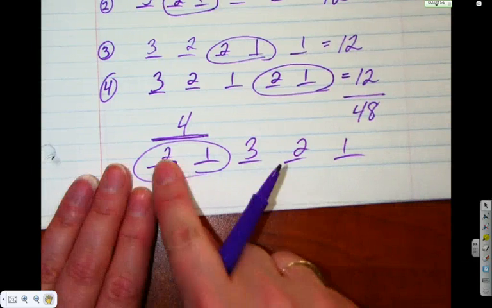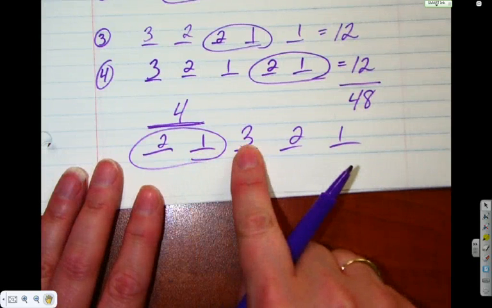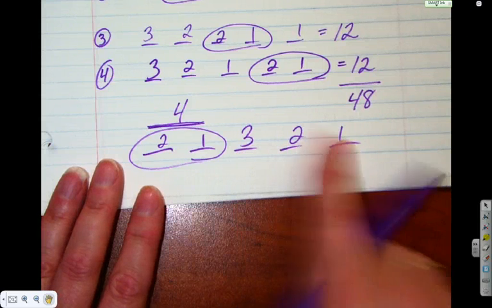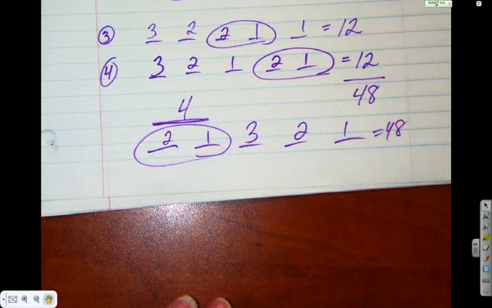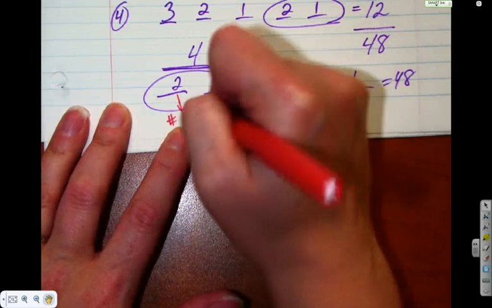Okay, let's double check. 2 times 1 times 3. Not a trick question. Times 2 times 1 times 4, 48. So this represents the number of objects or people that need to be together.